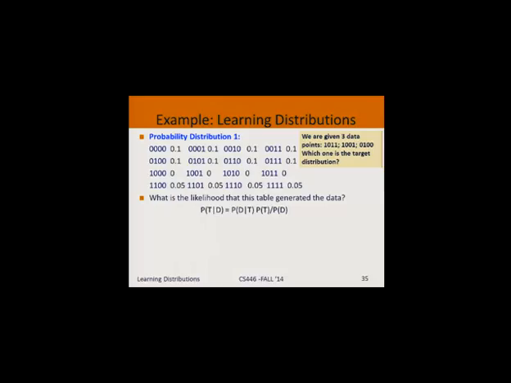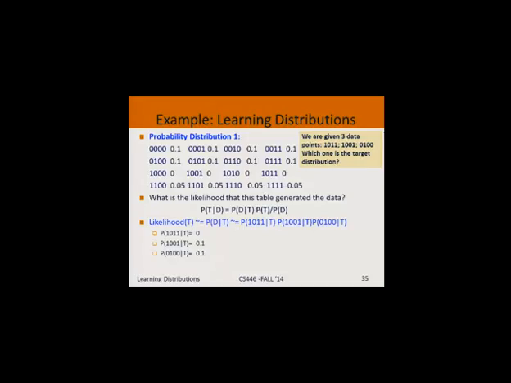In fact, here I'm just writing it a little bit more explicitly. First of all, writing what we need to do. We need to compute the likelihood, which basically means I'm using this tilde here just to indicate that it's really proportional to P of D given T, because I'm assuming that there is a uniform distribution over the trees, and because I'm going to do argmax, I don't care about the denominator.